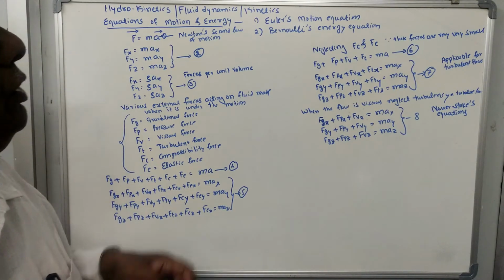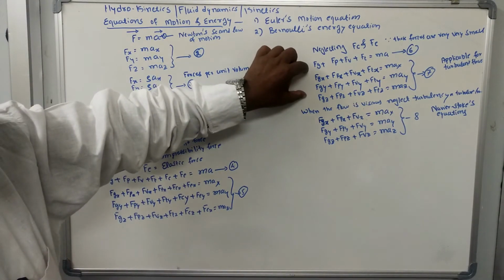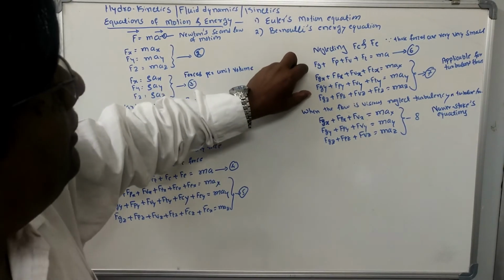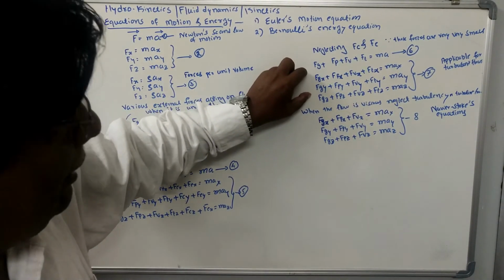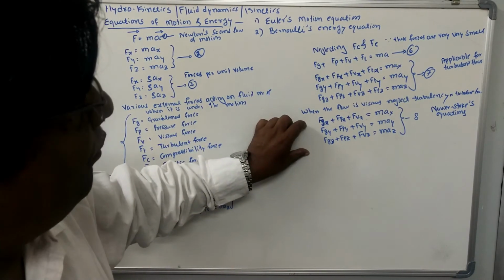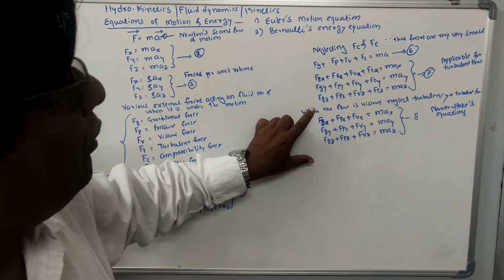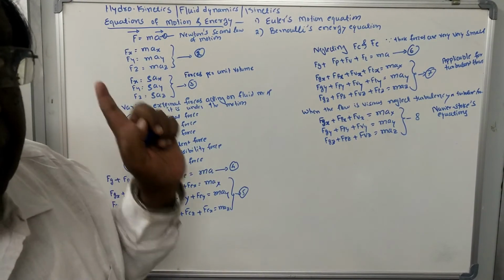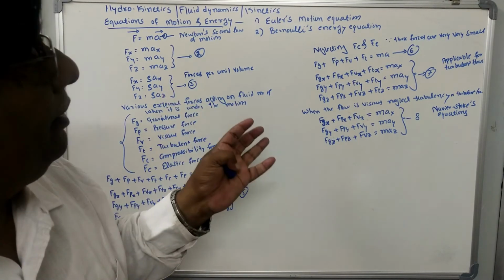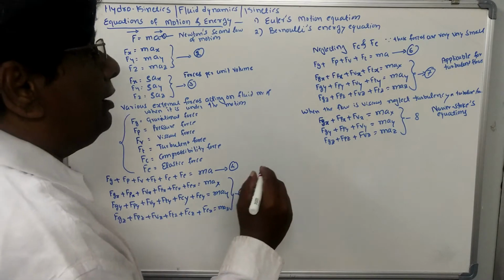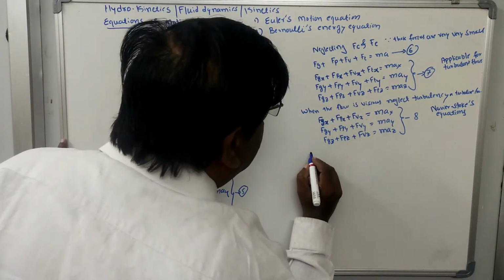So while analyzing turbulent flow, you can make use of equation 7. If you are analyzing the problem of viscous flow, because the viscous force is a dominating force along with the gravitational and pressure force, you can neglect the turbulence force.